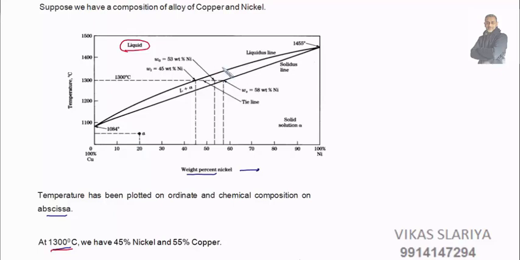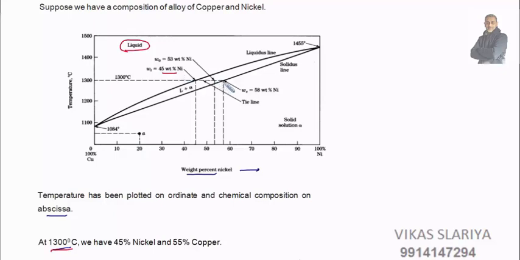At 1300, I have two points with me. One here is 45% nickel and 55% copper. This is 55%, not 53%. When the ratio is 45 and 55, it is a liquid, right?